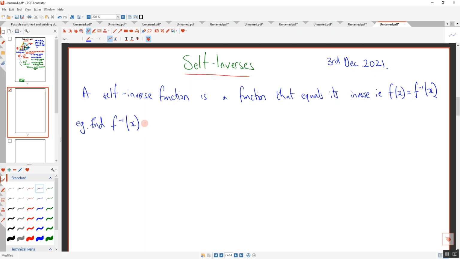So for example, if I've got, find the inverse for the function f of x equals 1 over x.